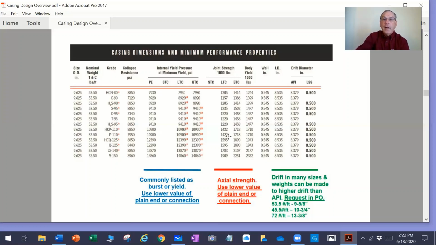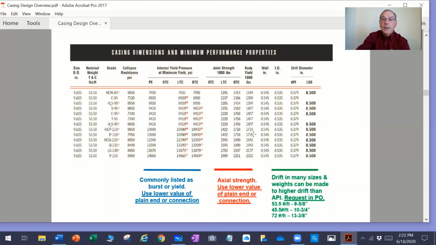Again, you use the lowest rating of whatever is shown for that material. Then over here you have joint strength. The joint strength for plain end pipe is 1,422 kips, which is 1,422,000 pounds in tension. The buttress is rated higher than the plain end pipe.